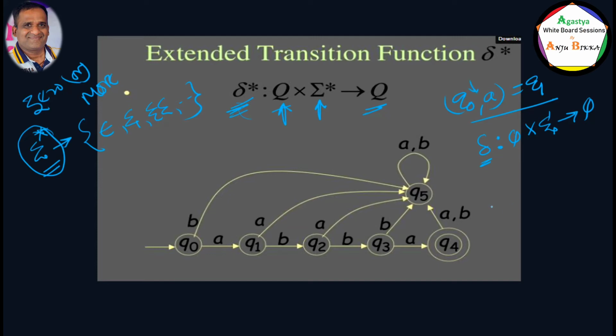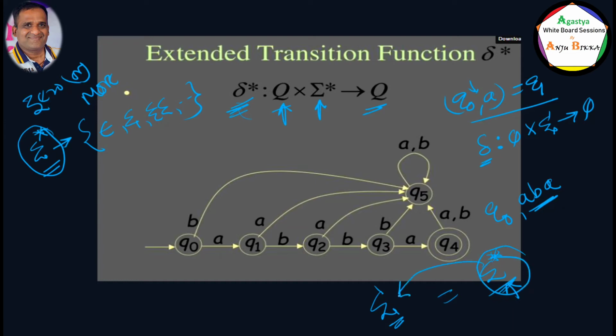Now if you have a situation on Q naught with a string, a string over sigma is represented by sigma star. We'll elaborate more on this in regular expressions. For the time being, remember sigma is the input alphabet, and sigma star is a string over this alphabet.